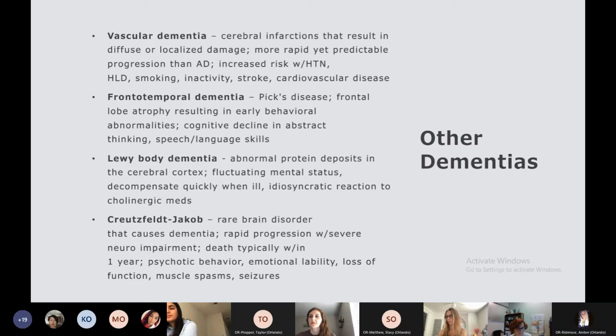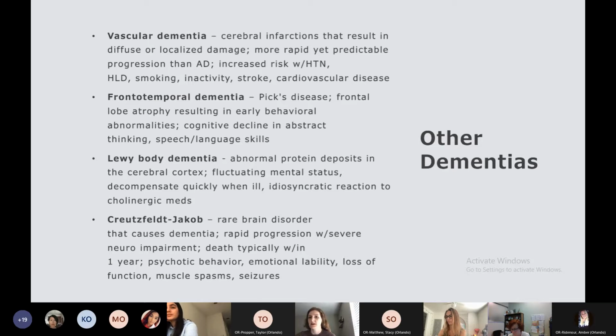Okay, so some of the other types of dementias that Amber mentioned earlier were listed in the book. I mean, there were only 3 different types listed in there, but I'm pretty sure there's more than that. So there's vascular dementia, and it's essentially you have cerebral infarctions that can result in localized and then progress to diffuse damage.